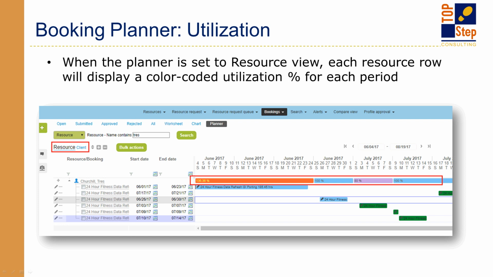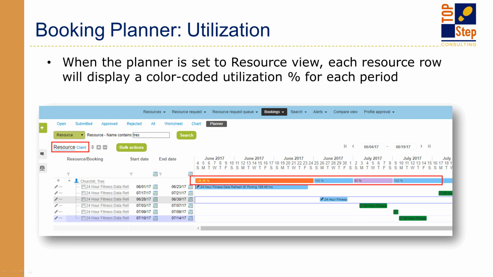I've also highlighted the bar in the row corresponding to my user. When you're in the planner and you're looking at the resource level view, the row out next to your resource is going to indicate that resource's utilization for the time period that's being displayed in the planner.